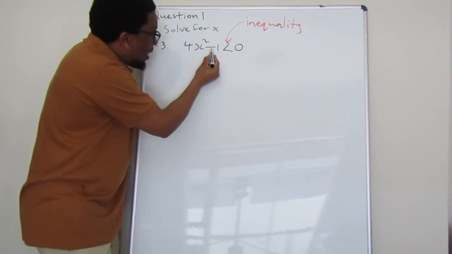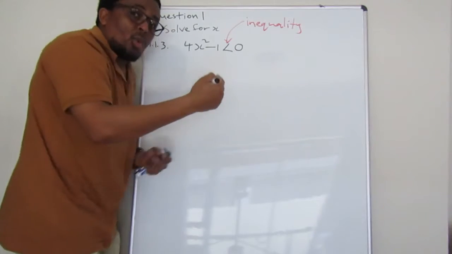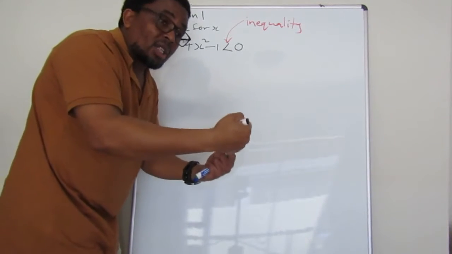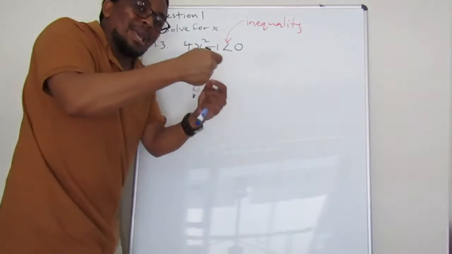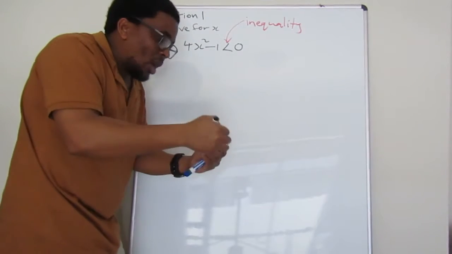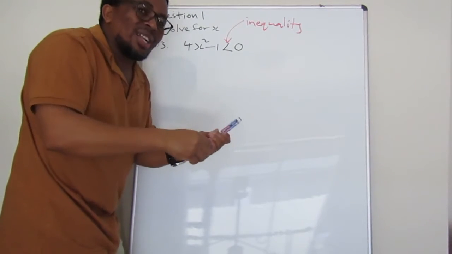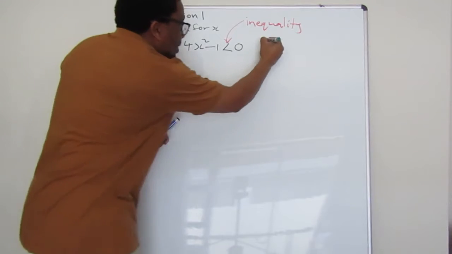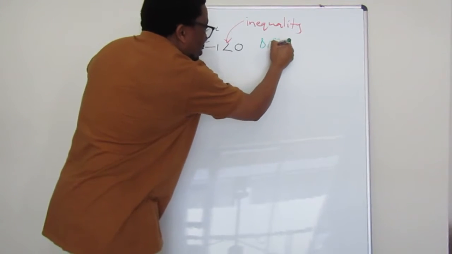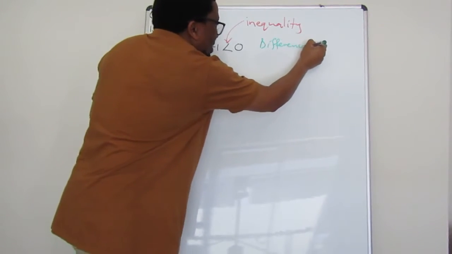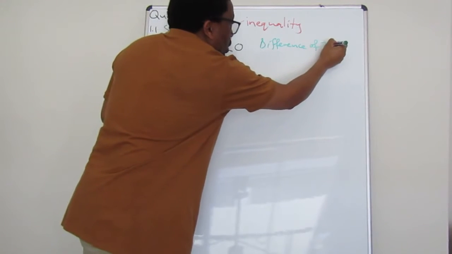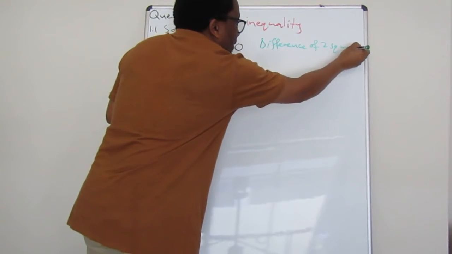In between these two perfect squares, we've got a negative sign, a minus, implying that we have what we refer to as the difference of two squares. I'm going to write it like that.